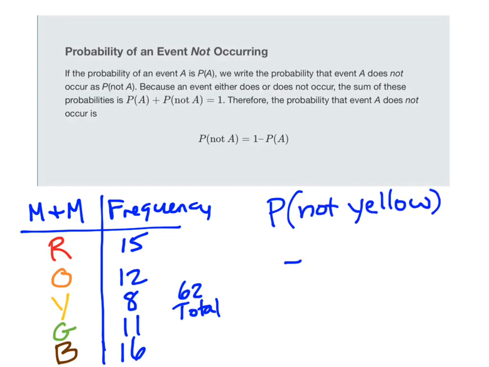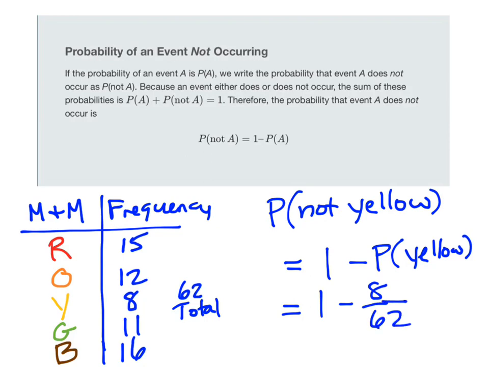One option for doing that would be to count up all of the non-yellow M&Ms, and that would involve adding 15, 12, 11, and 16. So you'd have to do an addition first. Or a shortcut is to start with 1 and subtract away the probability that an M&M is yellow. So now you're doing 1 minus, and then the probability that it is yellow would be 8 out of 62.